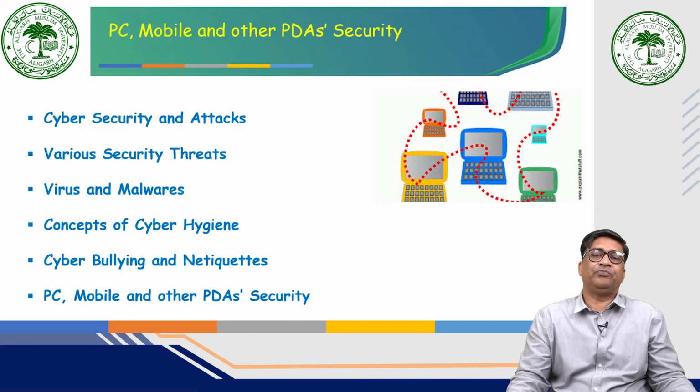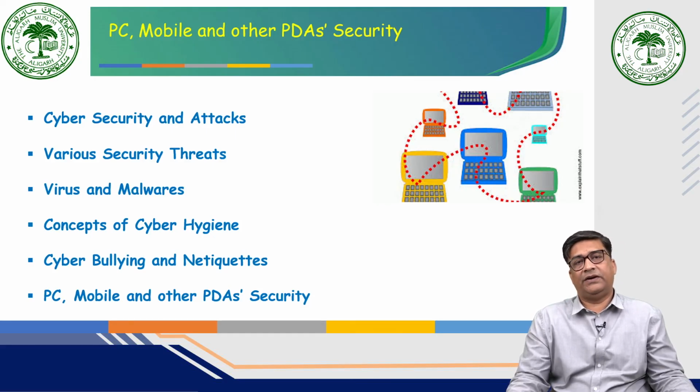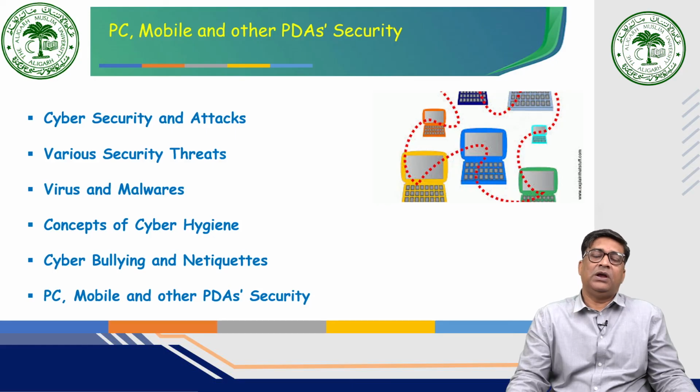Understanding the different types of security threats such as phishing, ransomware, and denial of service is crucial for identifying and mitigating risk. Also, we discussed viruses and malware. Awareness of viruses and malware, including how they spread and the potential damage they can cause, underscores the importance of using antivirus and anti-malware software to protect the system.